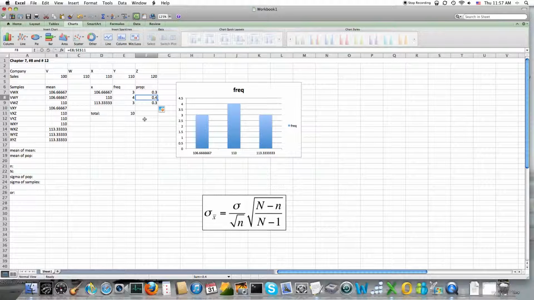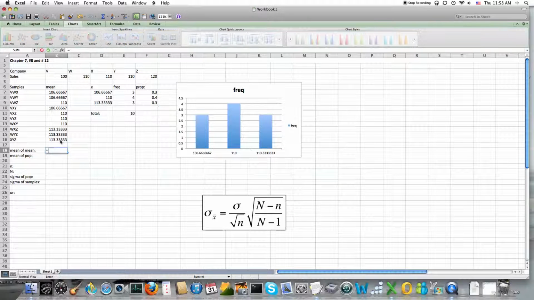Part B says, show that the mean of the sampling distribution is equal to the population mean. The way I've written that down, the mean of the sampling distribution is really the mean of the means you can get. So I've got 10 possible samples that I could have gotten and their means here.